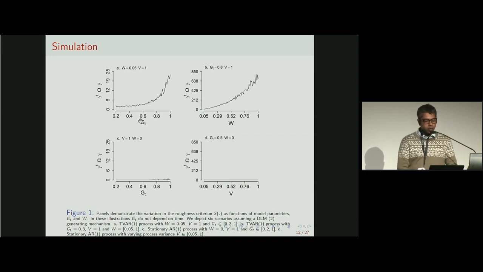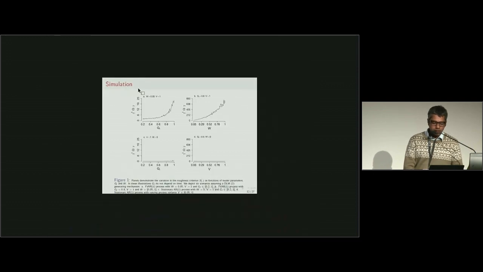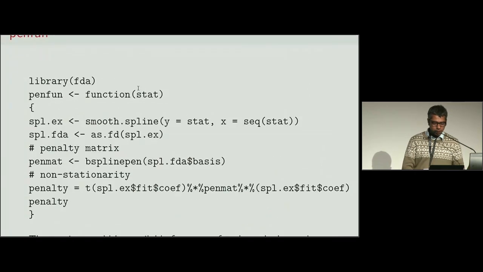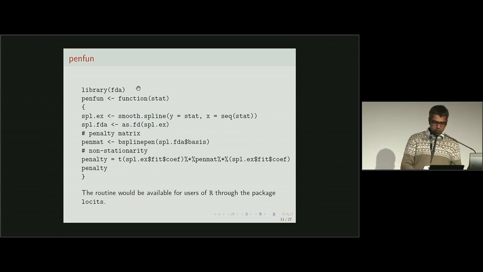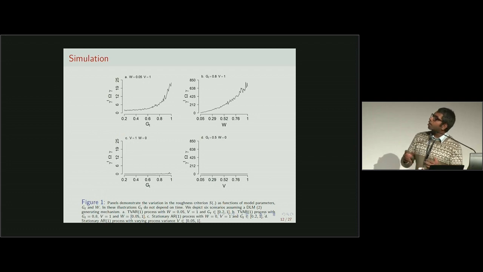On the other hand, when we have non-stationarity parameters, either we fix W or we fix GT, and then as the other parameters increase, we have increasing values of non-stationarity.